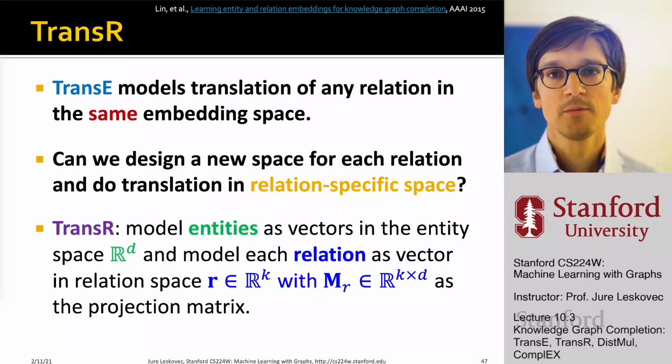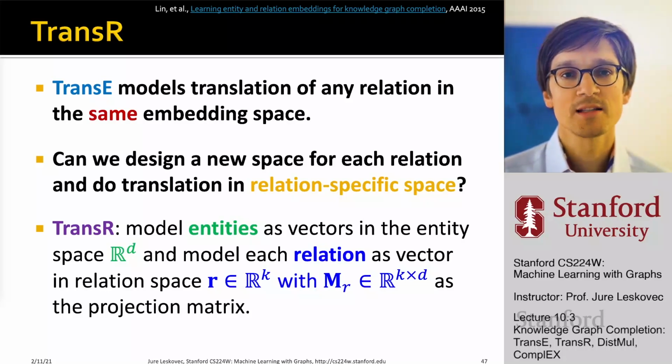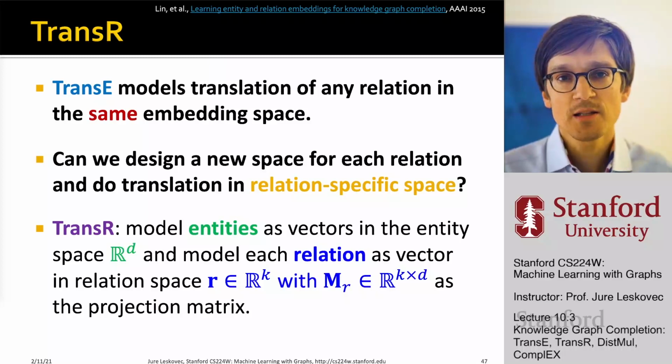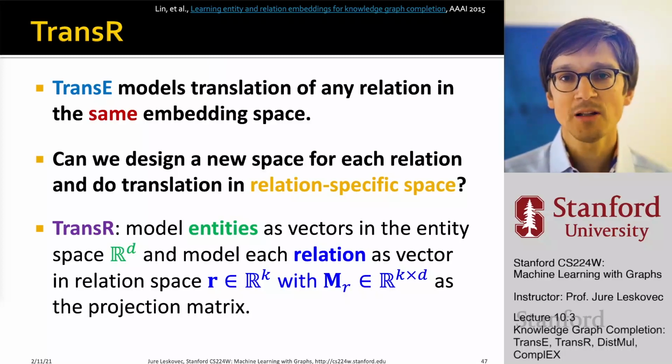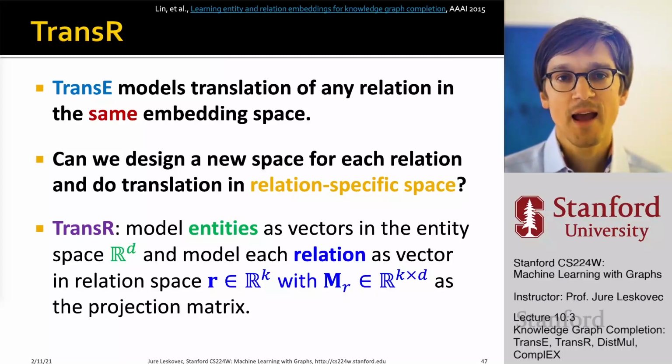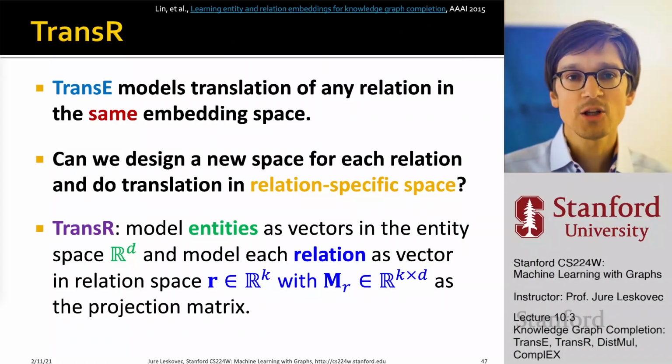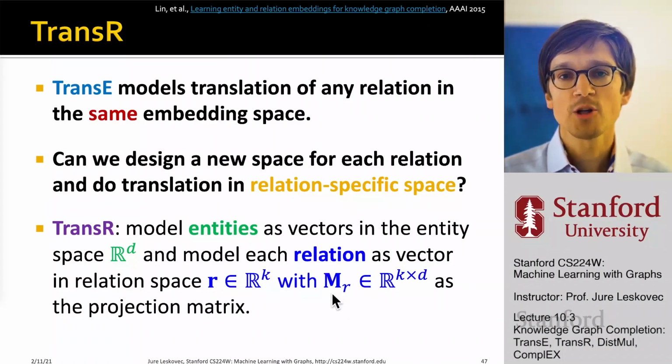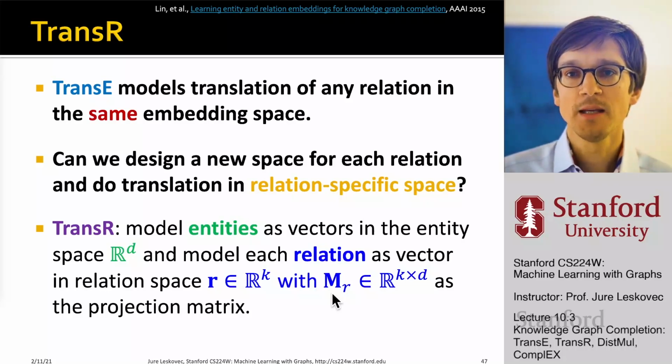The method that proposed this idea is called TransR, and it models entities as vectors in the entity space, so entities as points, and models each relation as a vector in the relation space together with a relation-specific transformation or projection matrix.